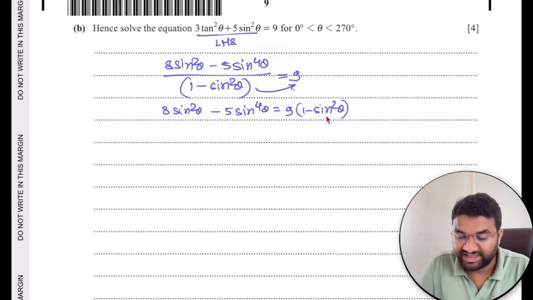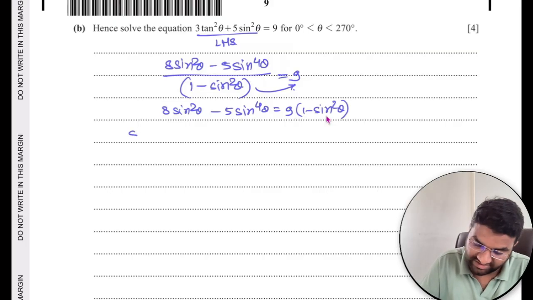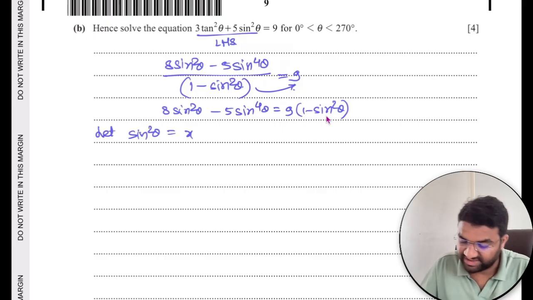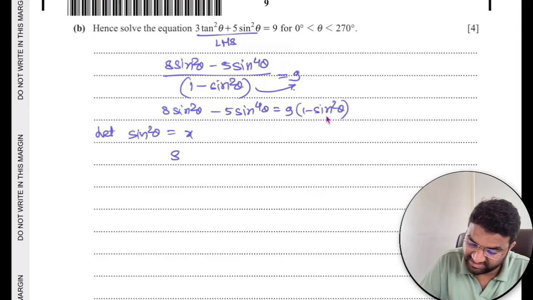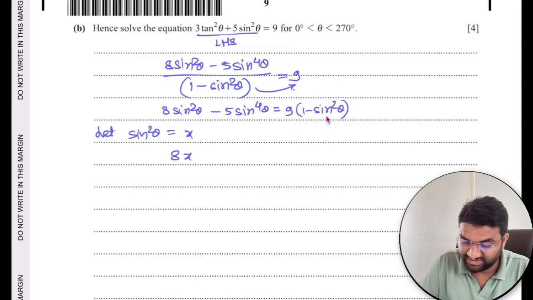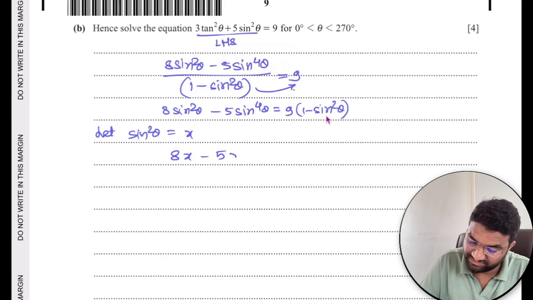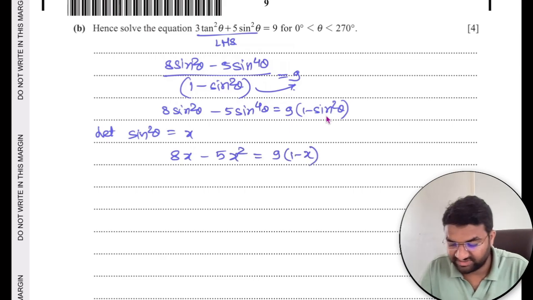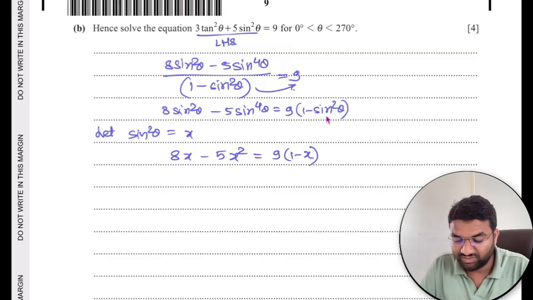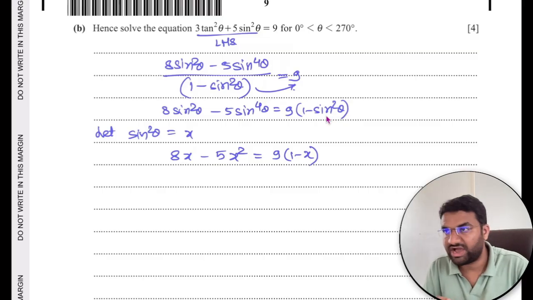Now you can substitute sin square theta as x, let's say. Let sin square theta equal x, so it's 8x minus 5x square is equal to 9 times 1 minus x. Simplify it and you will get a quadratic equation that you have to factorize.